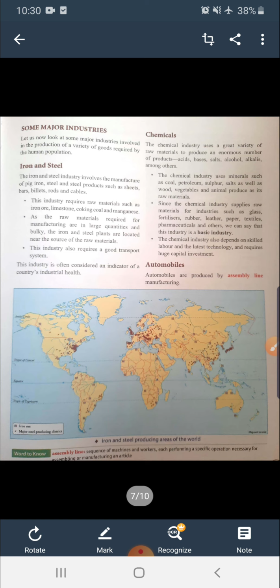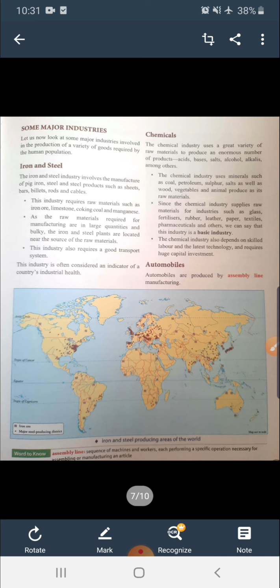Next, iron and steel requires manufacturing large quantities and bulky. These plants are located near the source of the raw material so that raw material can be easily available, also reducing the cost of transportation.